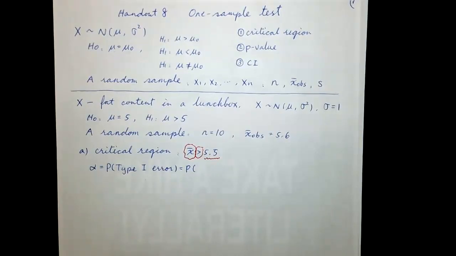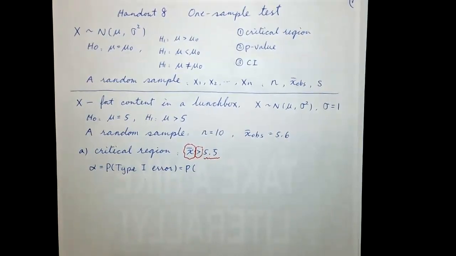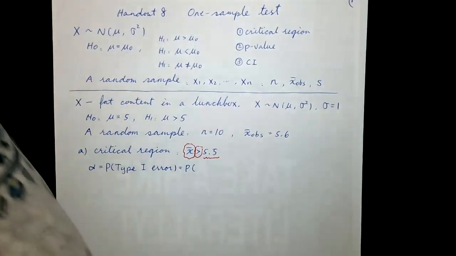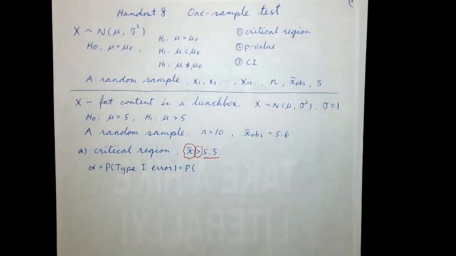There are two possible ways to make wrong decisions. One is called type 1 error, the other is type 2 error. I believe these two definitions were introduced in the first day of Handout 8. So there's a little table you really need to make sure you fully understand, because the two types of errors are very easy to be confused.